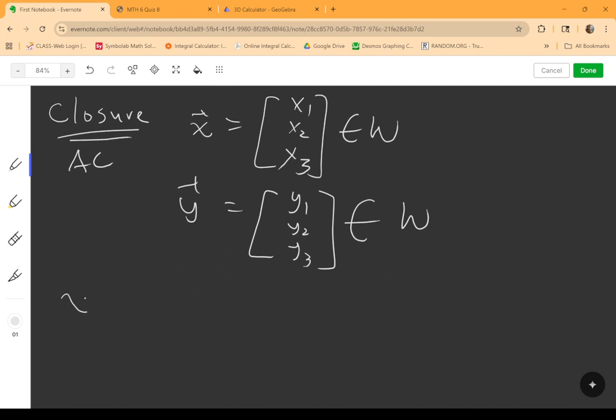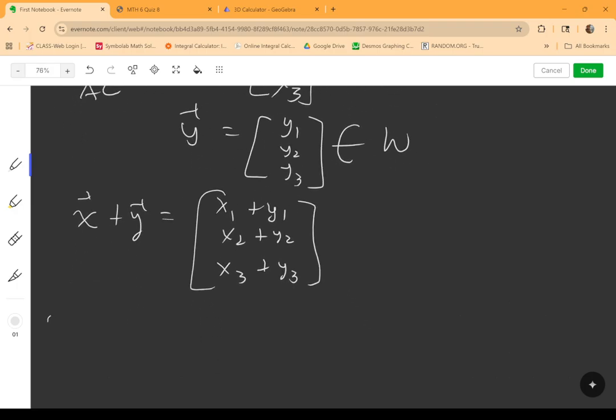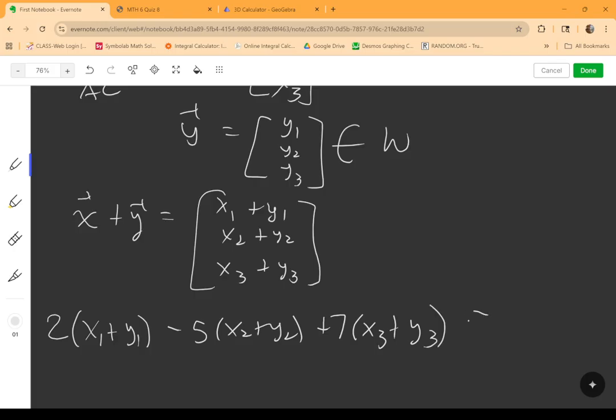If I define x plus y the way I normally would, we have x1 plus y1, x2 plus y2, x3 plus y3. Now let me plug it into that equation: 2(x1 plus y1) minus 5(x2 plus y2) plus 7(x3 plus y3) equals 0.